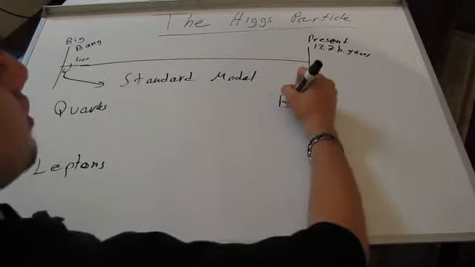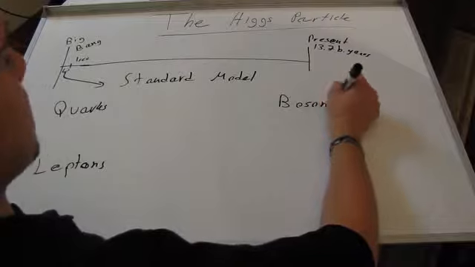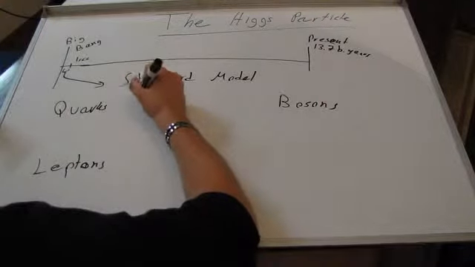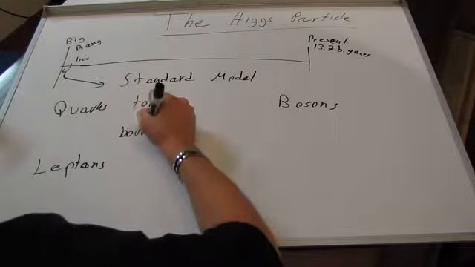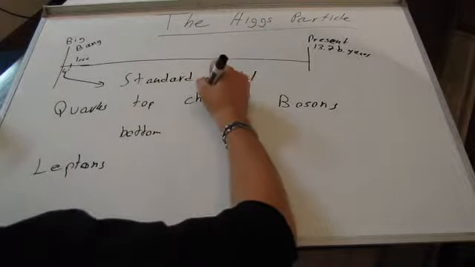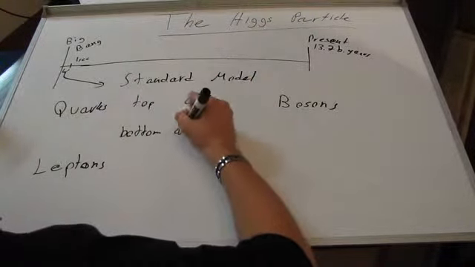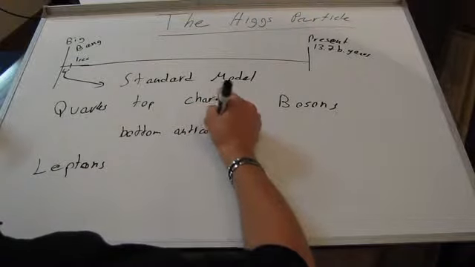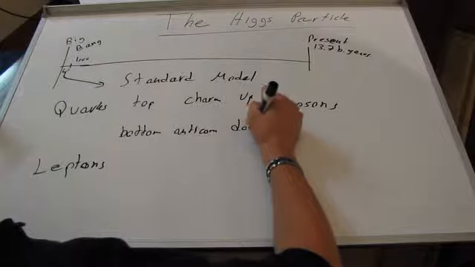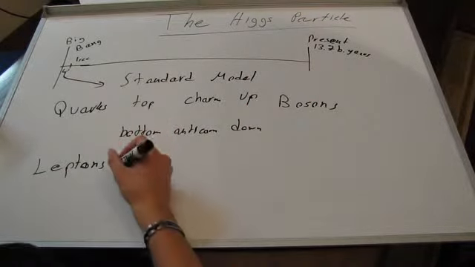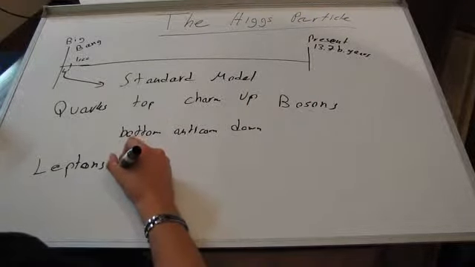Also, there are the bosons. The quarks are the top, bottom, charm, anti-charm, up, and down.